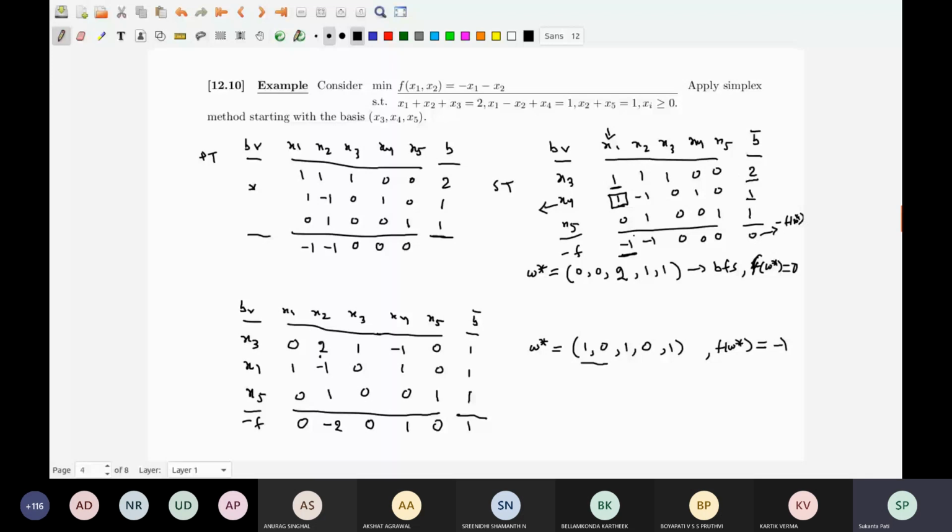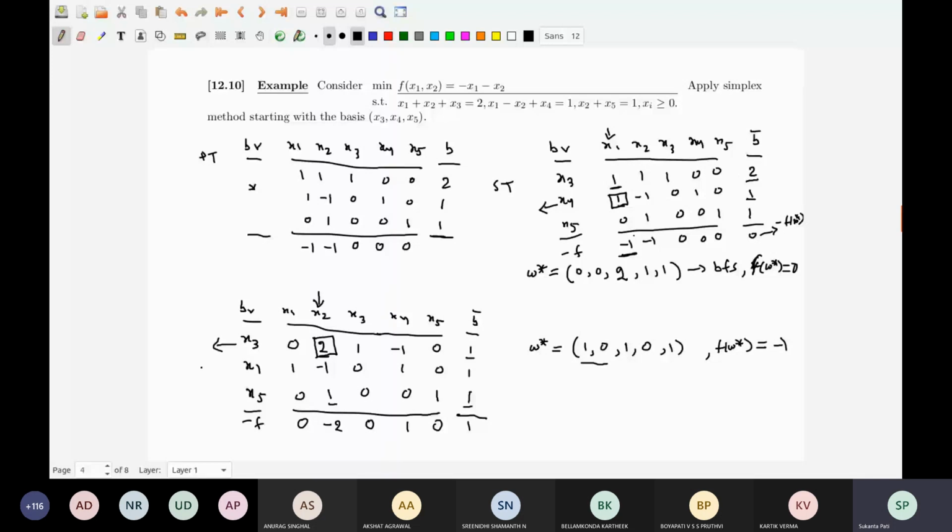Whatever is the smallest, box it. That is your pivot. Okay, so this is my pivot, and this means I am going to throw this one out, and in its place I will keep this one, x2. X2 is coming, x3 is going out.